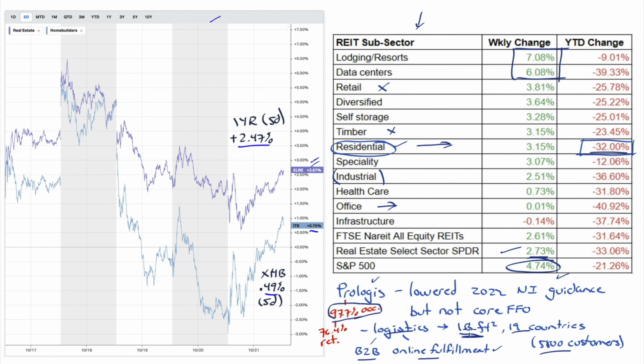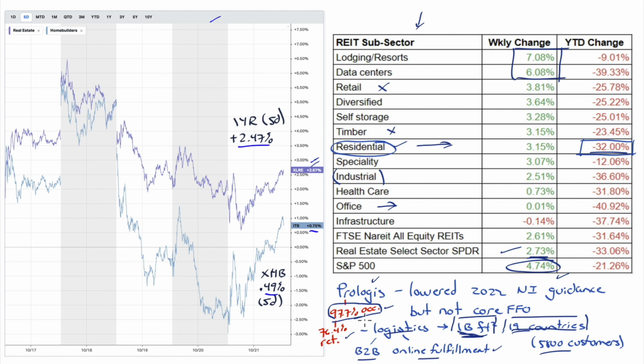97.7% occupancy on 1 billion square feet in 19 countries, based on their last report. I think they reported on Monday. 76.4% of all the leases that had matured were renewed in that particular quarter.